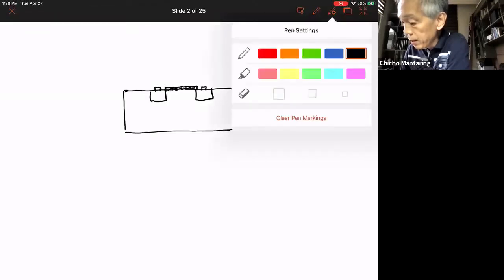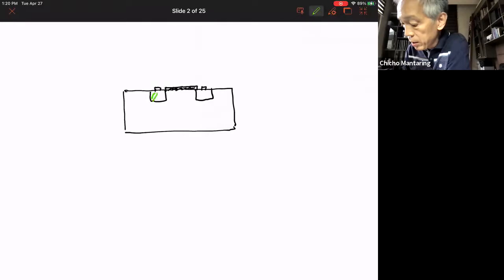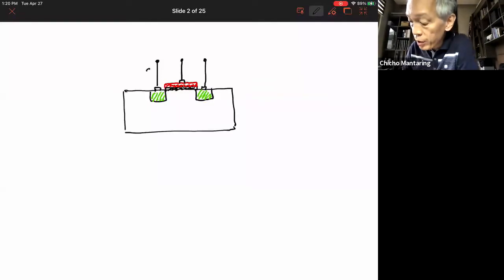I have my metal. Okay, so this is my source, my gate, my drain. What will happen if I connect a voltage between my source and drain?